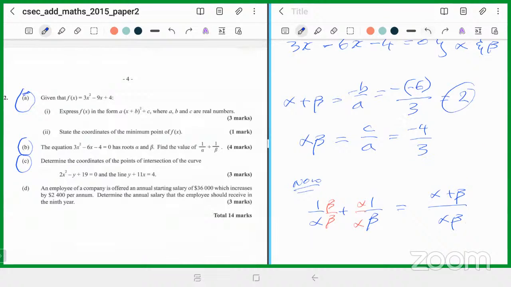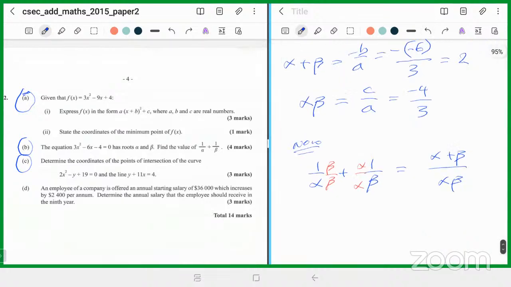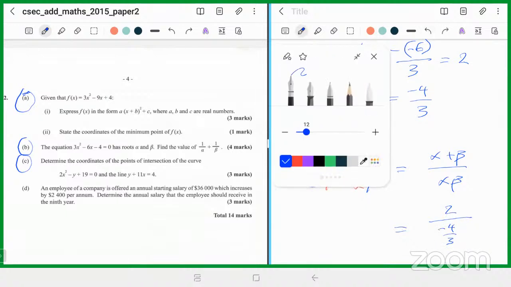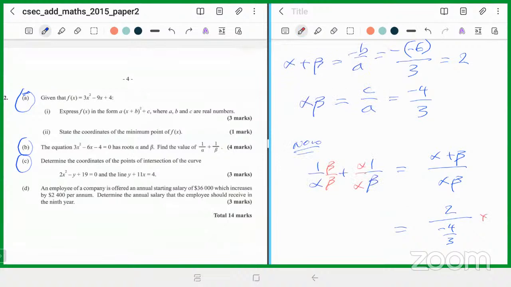All right. So it becomes equal to the 2, which is the alpha plus beta, divided by the negative 4 over 3. To simplify this quickly, I can invert this and multiply, or I can choose to multiply under here by 3, multiply under here by 3 to cancel this one, and multiply up here by 3 as well.